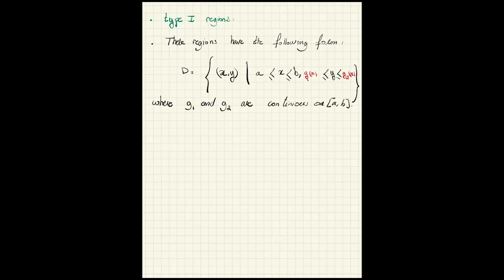So concretely, what does it mean? It means that I have my xy plane. This is x, this is y, and I have a and b, and x is between a and b, but y will be allowed to vary like this. This is an example of a region.